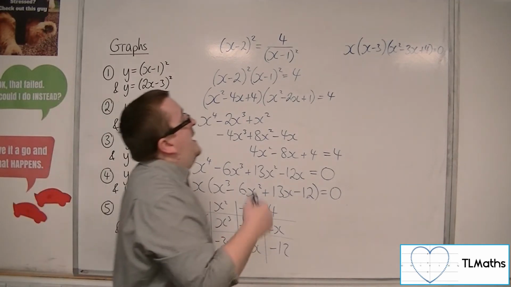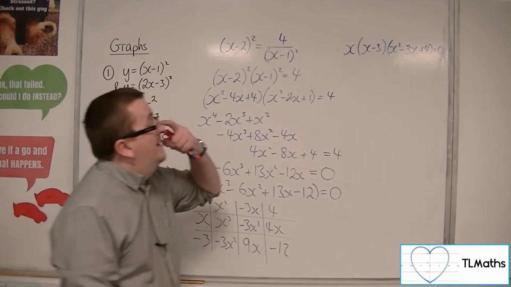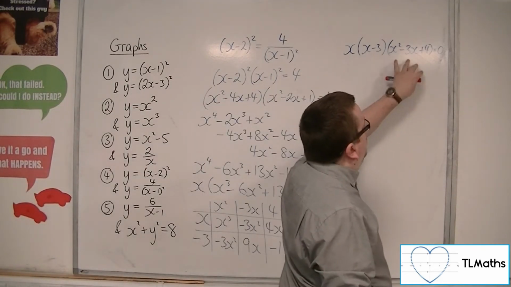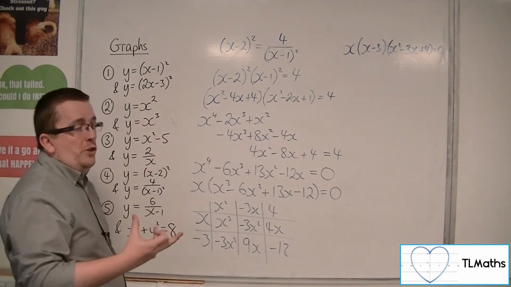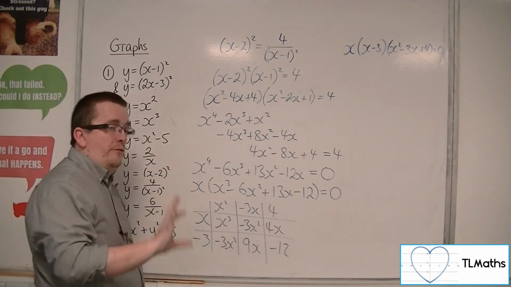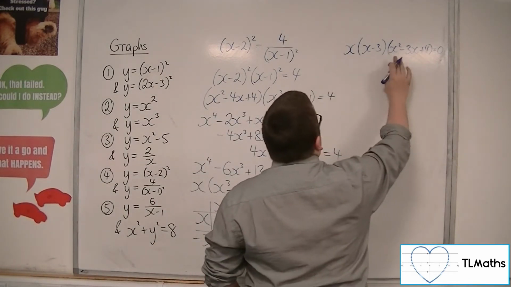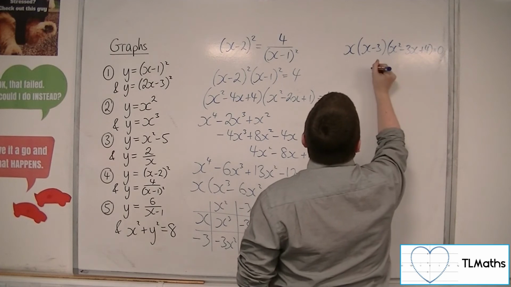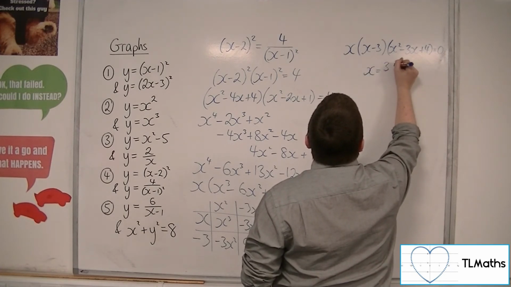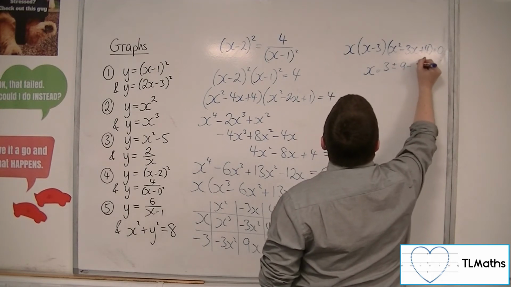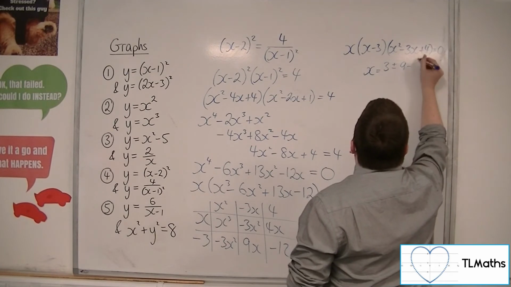So we definitely have two real roots, x is 0 and x is 3. But we've also got this quadratic here. Now, in order to solve that quadratic, we could use the quadratic formula or complete the square. So if we tried the quadratic formula, we'd have x is equal to minus b plus or minus the square root of b squared, take away 4ac, so 4 times 1 times 4, so 16.